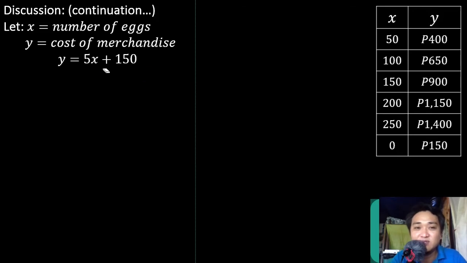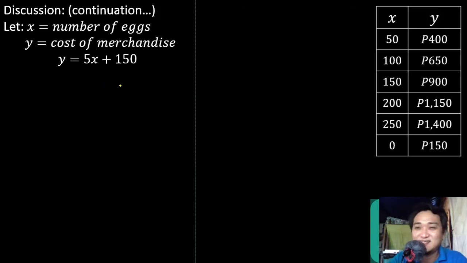Yan po yung naging mathematical expression natin. After natin malaman yung takbo ng cost of merchandise, wherein yung 5, yun yung presyo ng itlog, yung x is kung ilang itlog yung dinideliver nyo araw-araw or for that day. At yung 150, which is constant, siya yung ginastos nyo for the gasoline. Kasi kinukuha doon or sinasama na agad sa cost of merchandise para pag alis ng truck, alam ng bookkeeper or alam ng accountant na ito yung dala-dala nyong merchandise at dapat ito yung perang bumalik.